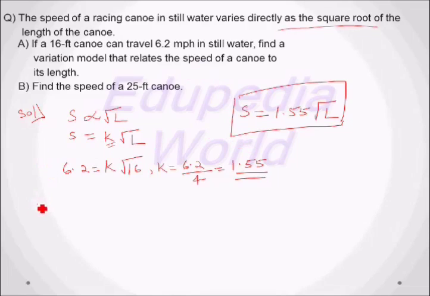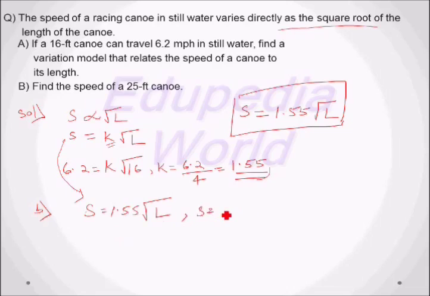Now we can look into the second question, that is, find the speed of a 25 feet canoe. So let's take this equation again. S equals 1.55 into root L, where we know the value of K, that is 1.55, which we have found here. If the length is 25 feet, we substitute for length.